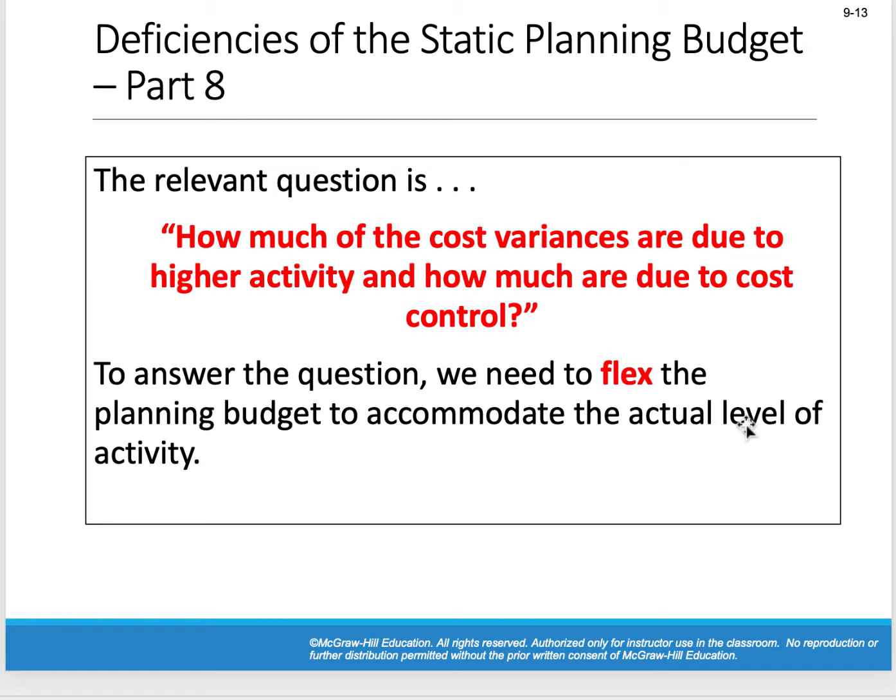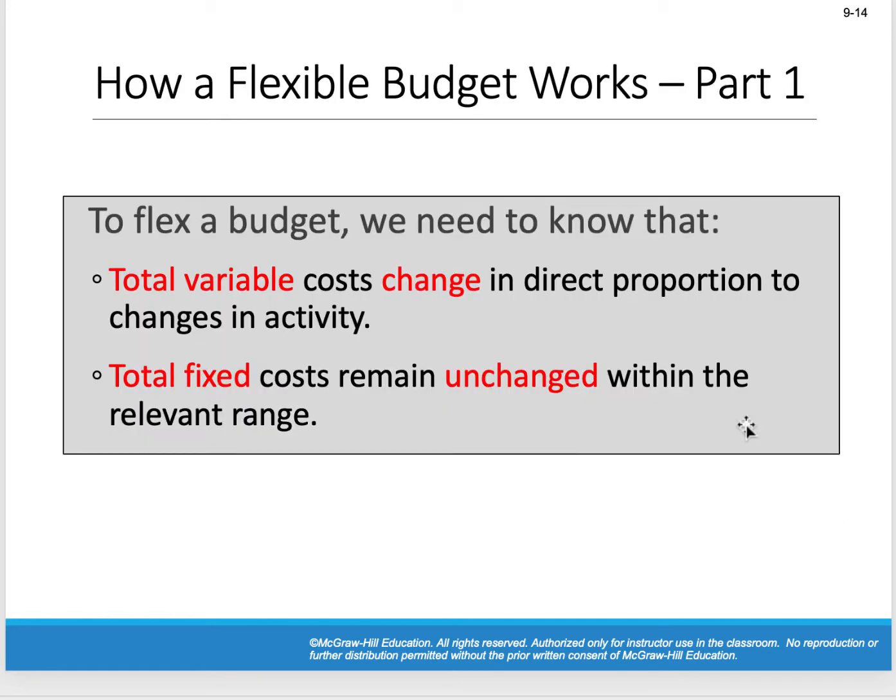So in order to do that, we got to do the flex budget, okay? We got to do the flex planning budget. And the flex planning budget's pretty easy, right? You'll see, because we compare what the cost should be based on the actual level or the actual output, okay?